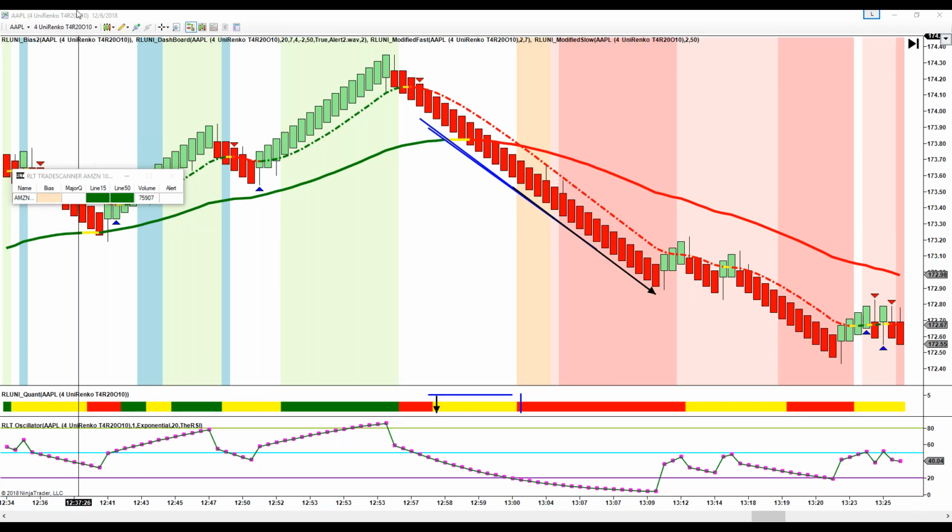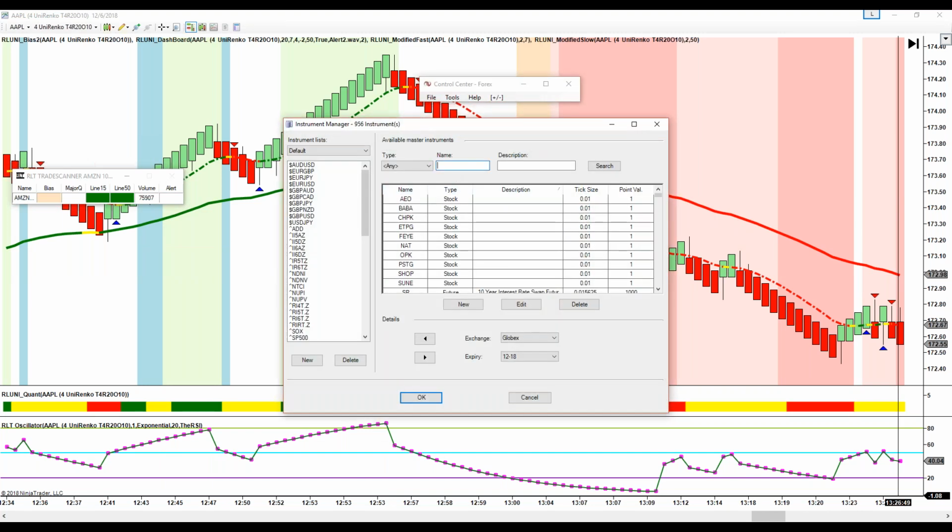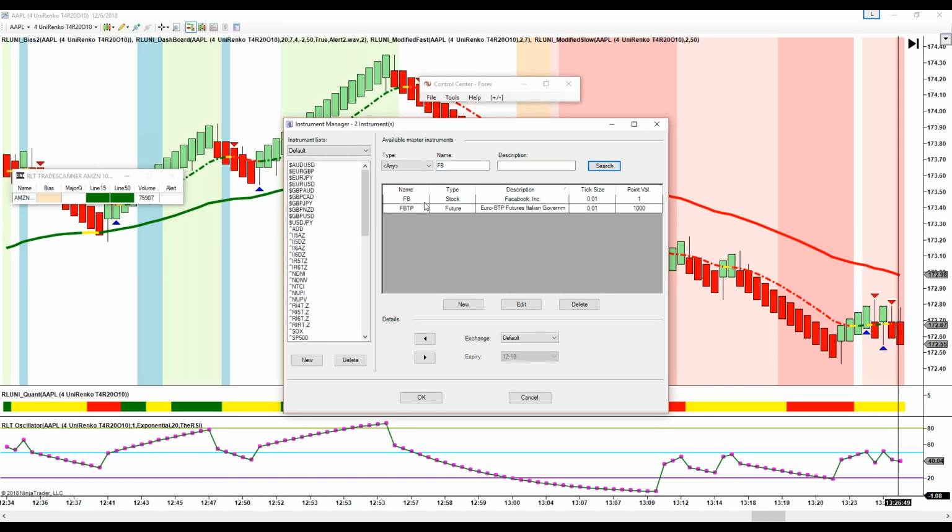Oh, you want to see Facebook? No problem. Let's take a look at Facebook. Let me just bring up the control panel. FB. It's in.